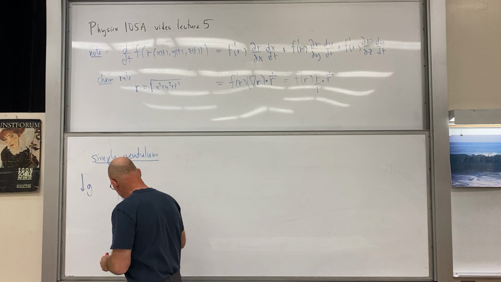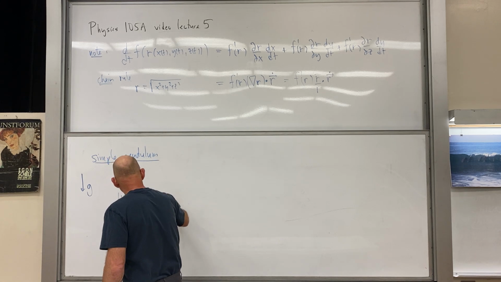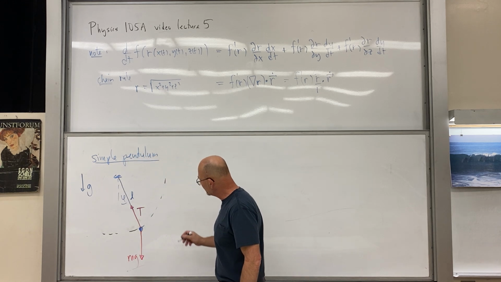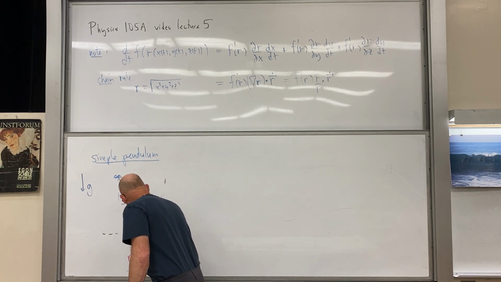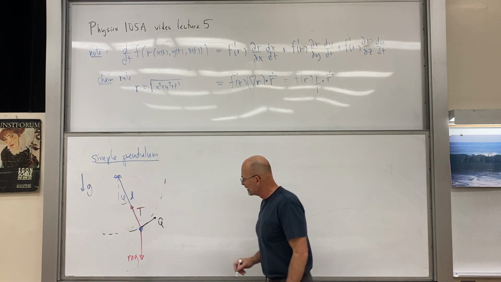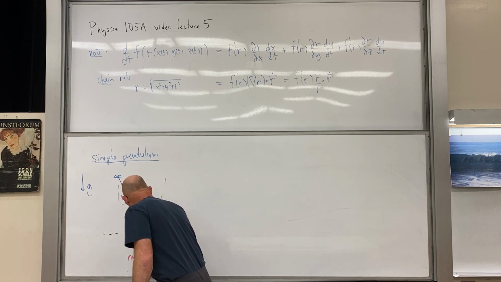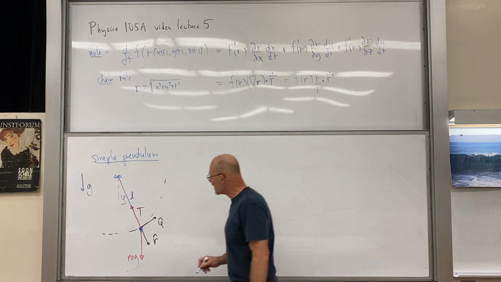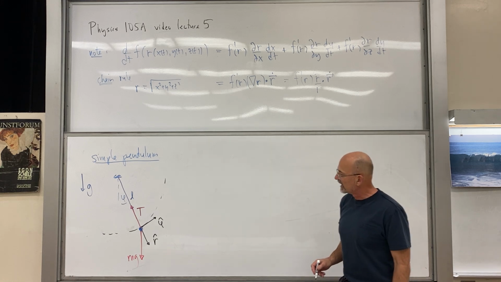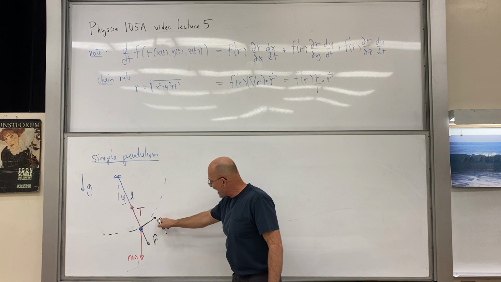Let's draw a circle that this thing can move around. We know there is a phi hat and an r hat coordinate system. That's how they attach to the pendulum. Gravity straight down, there's our angle phi equals 0, r hat and phi hat.